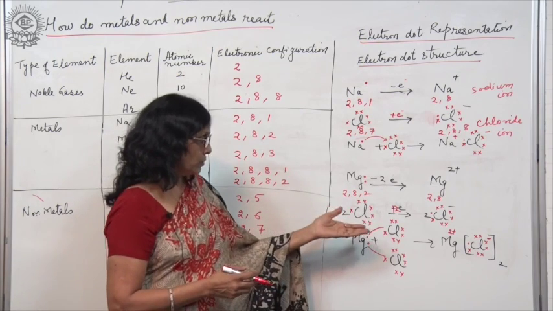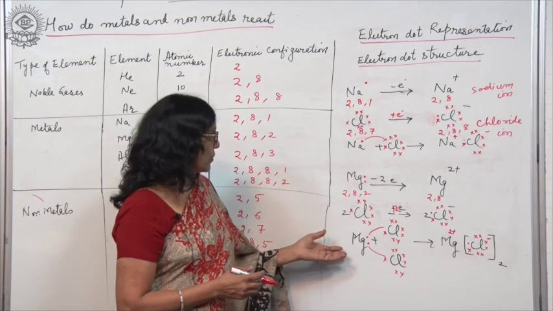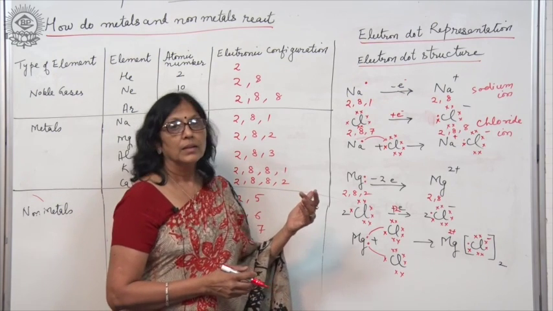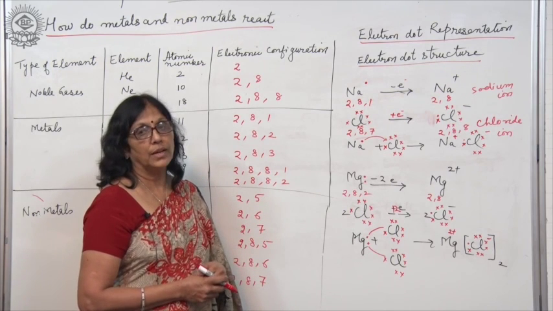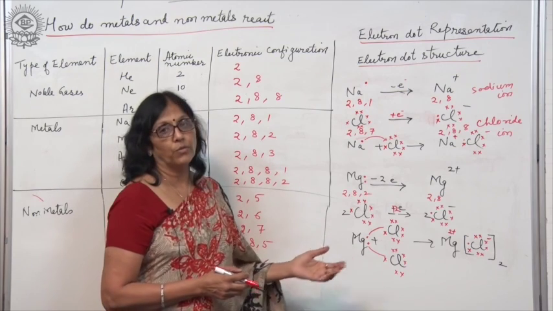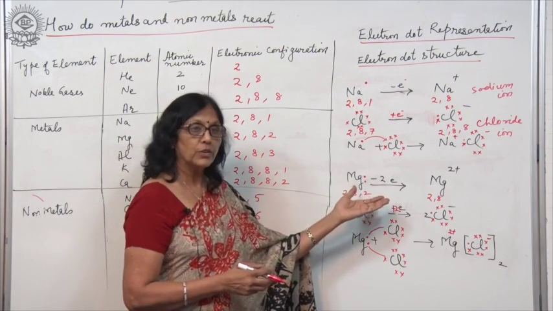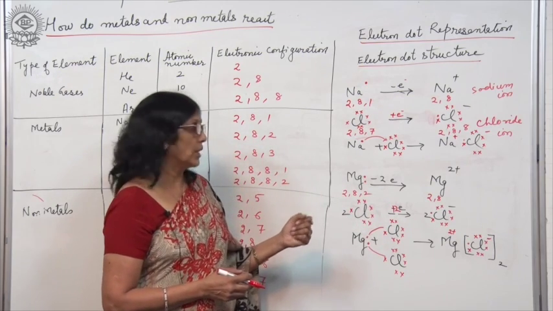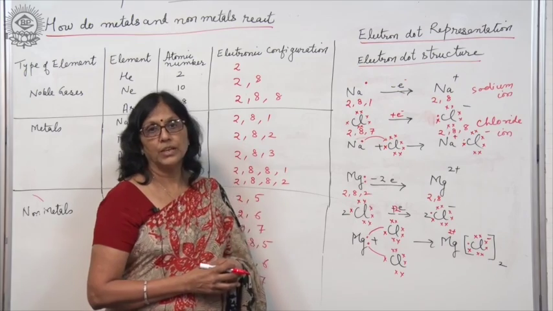NaCl and MgCl2 are 2 very good examples of ionic compounds. You can find some more ionic compounds and write down the electron dot structure to see how they are formed, how metals lose electrons, and how non-metals gain the electrons to form negatively charged ions.